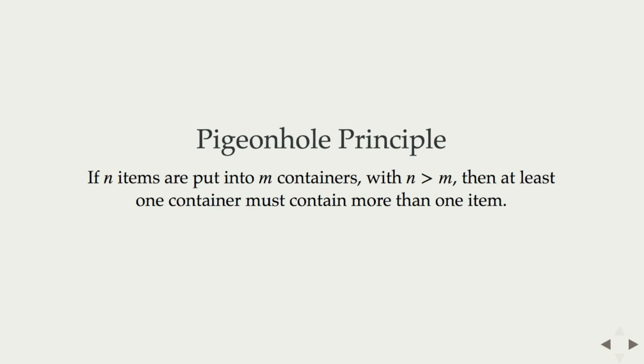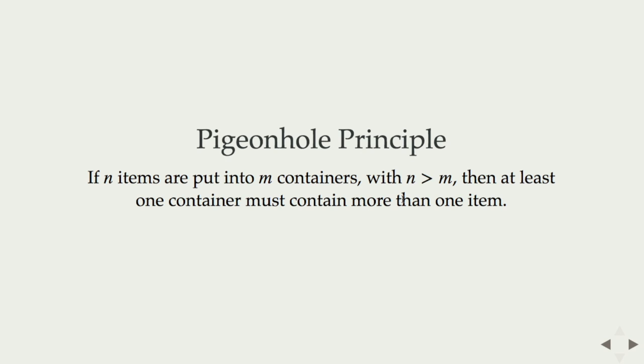And now we understand the pigeonhole principle. If n items are put into m containers, where n is greater than m, then at least one container must contain more than one item. Basically, the number of items is more than the containers.